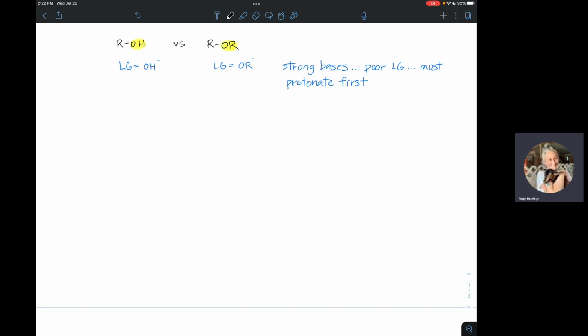So in general, for the ether, we could take R, and I'll just let this be asymmetrical so that we can follow the leaving group along. This right here is your poor leaving group. So what we'll do is we'll allow it to react with a strong acid and we'll protonate the ether.